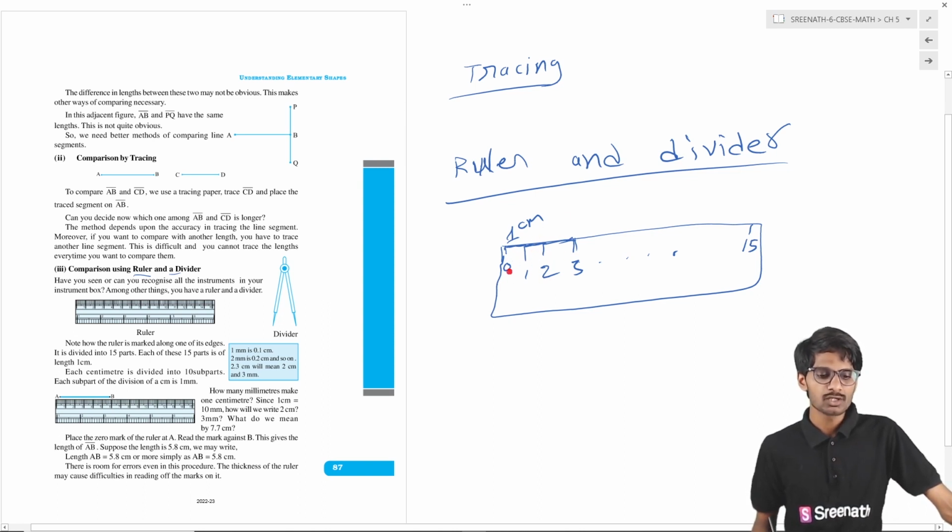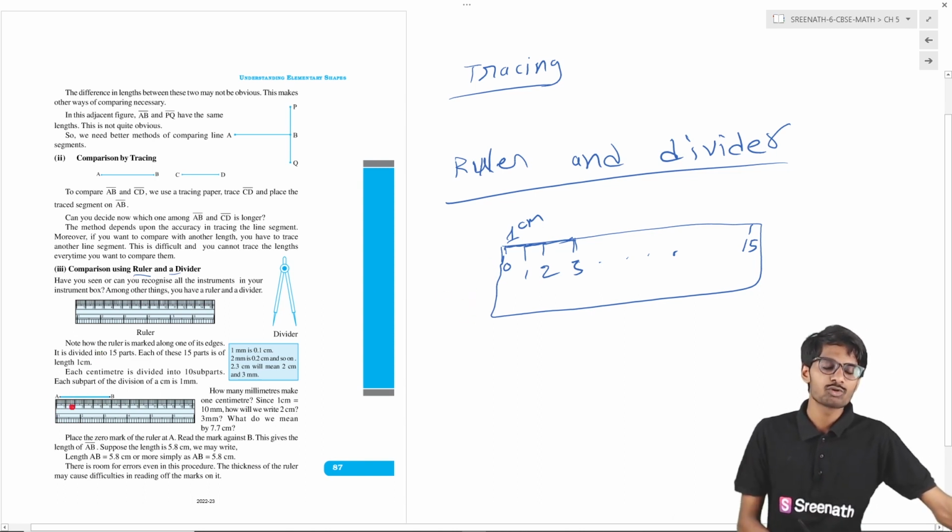Okay students, by using it we can measure. Suppose you want to measure a line segment AB. What we have to do is place the ruler at that line segment.